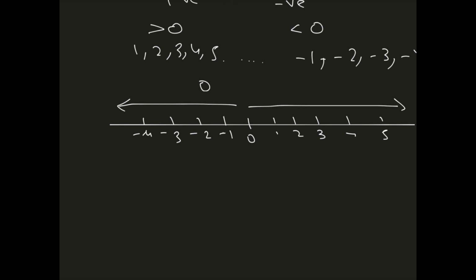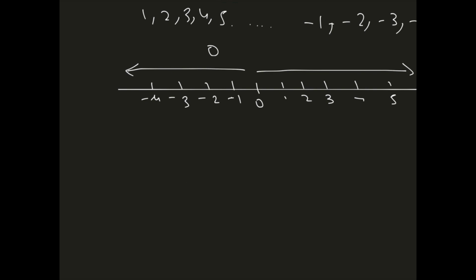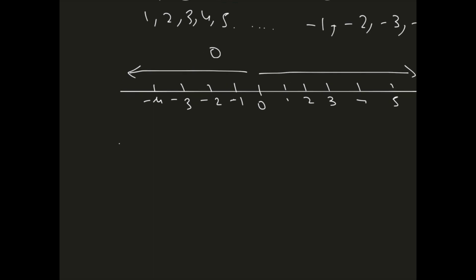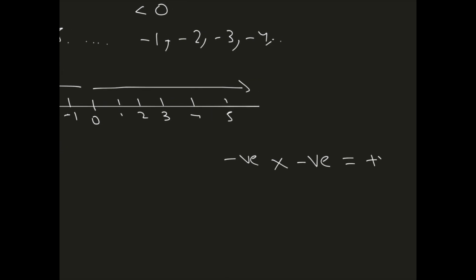Then we have the addition and subtraction of negative integers. Let's say we are adding two negative numbers, -2 and -5, right? Let's look at some multiplication rules first. A negative number multiplied by another negative number will give a positive number.